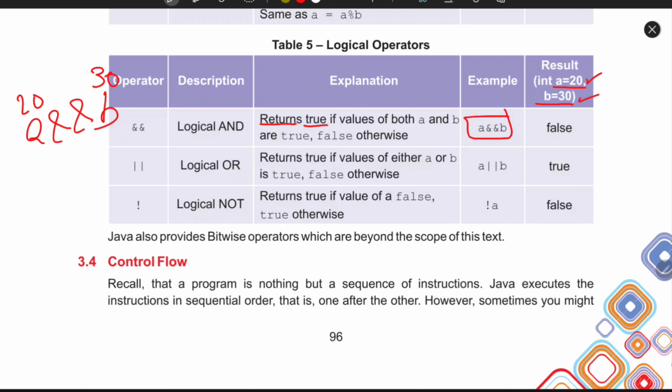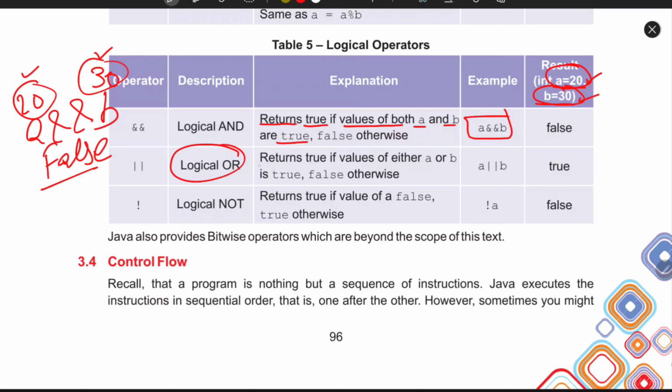It returns true if both the values A and B are true. That means only if both values are true is the answer true. But here they have different values, right? So this is false.